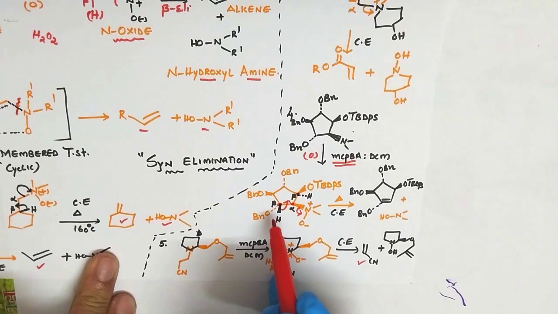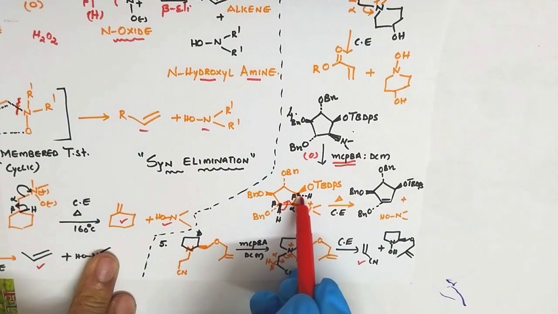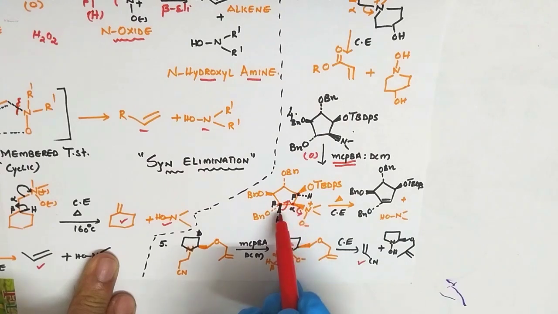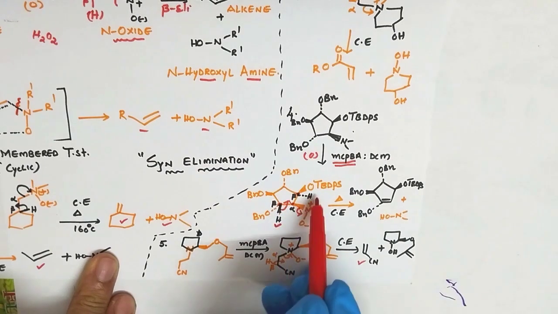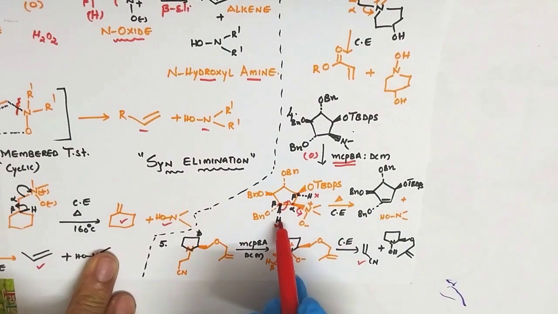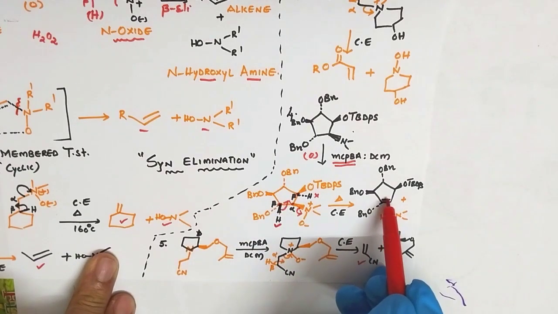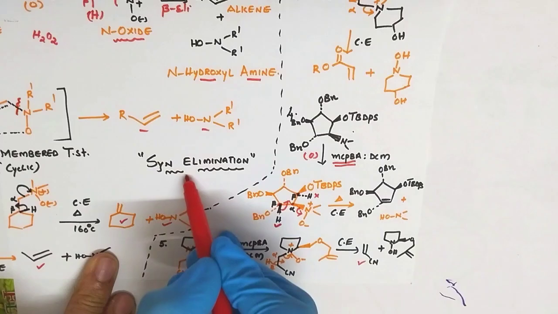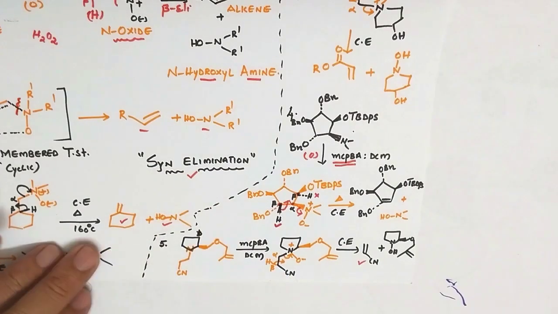At the beta carbon we need a hydrogen atom. If you see this beta carbon, the hydrogen is above the plane, but here the hydrogen is below the plane. But your N-oxide is above the plane. That's why we can remove this hydrogen, not this hydrogen. That's why the product will have the pi bond formed here only, not here. Now you can understand the concept of syn elimination.